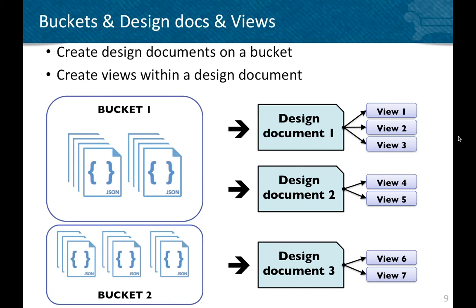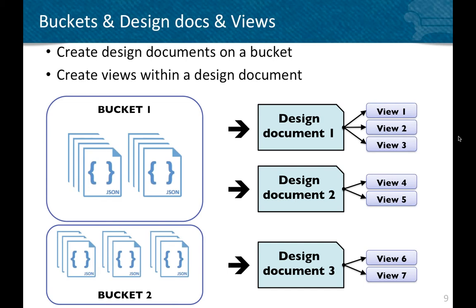Grouping it like that avoids a whole bunch of overhead communicating between the database engine and the view engine. So for instance, a worst case scenario would be you've got a dozen views in a dozen design documents, and then you have 12 times more overhead associated with processing those views than you would if you just had a single design document with all the views inside it.